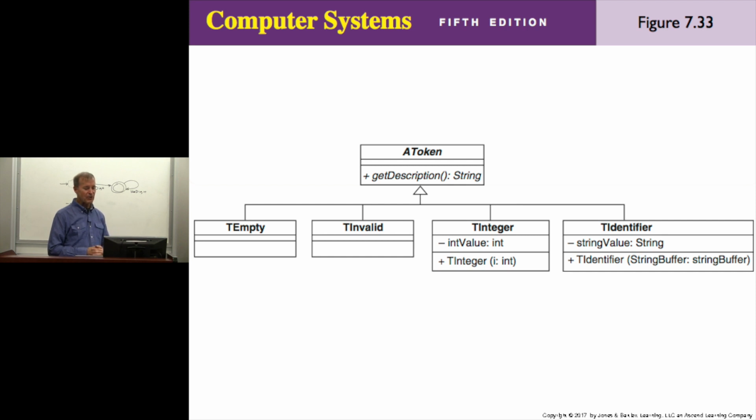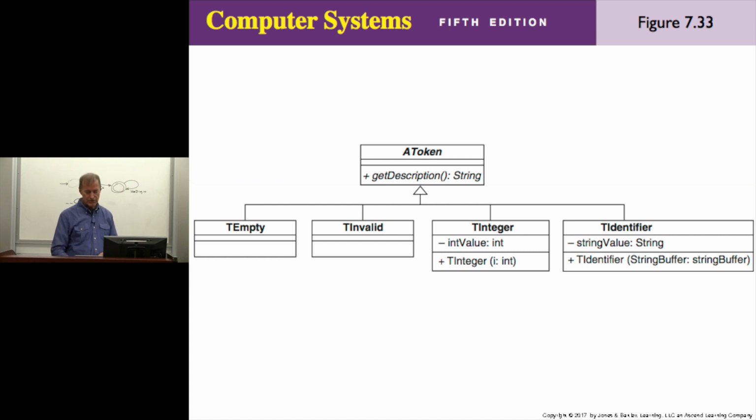And furthermore, what single method does it have? Get description. And the plus means what? Public. That's UML terminology for public, right? So you remember your UML diagrams? Okay. So public, get description, and what does it return? Type string.